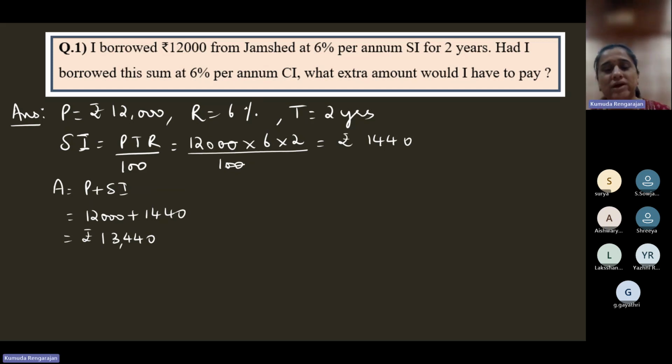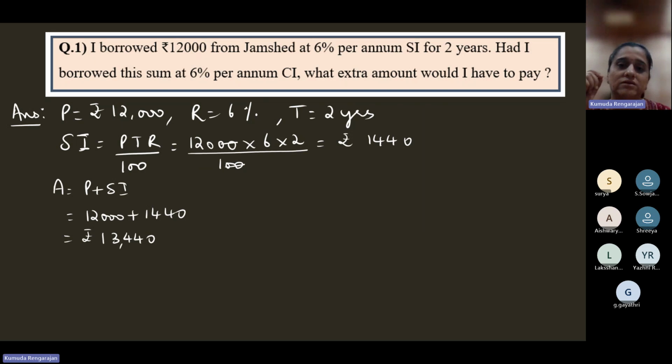When you return, we have to return the principal money of 12,000 along with the interest, because we have used somebody's money for 2 years. So you need to return 12,000, the principal money which you borrowed, plus the interest for using that money for 2 years, which is 1,440. So the money to be returned at the end of 2 years under simple interest is 13,440.